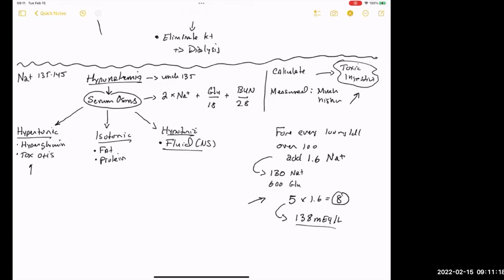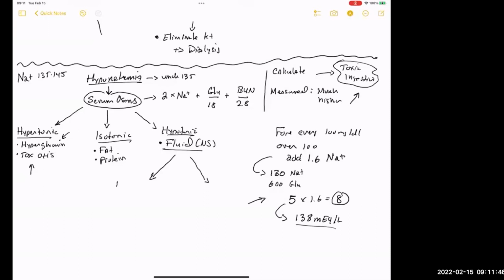And if it's hypertonic, the treatment's going to be focused on if it's an underlying toxic alcohol, we treat that, or if they're really hyperglycemic, well, we treat that. And then hypotonic, there are two kinds of subcategories of hypotonic, and this has to do with the fluid volume status of the patient. There are really three, but let's start with the first one: are they fluid overloaded?